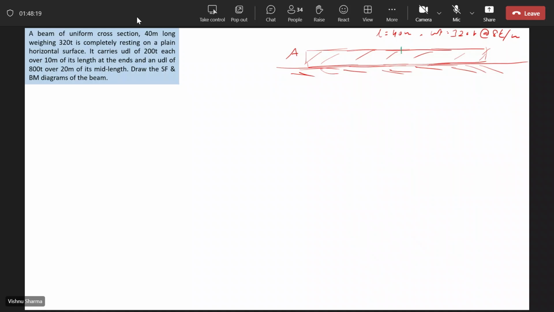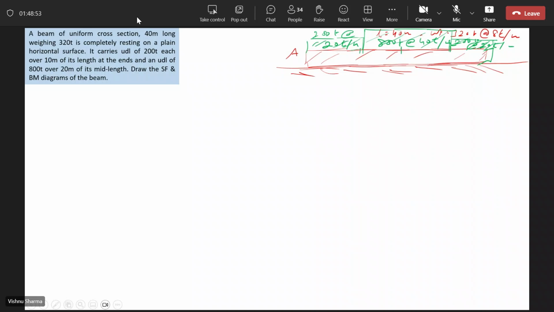If I divide into 4 parts, each section will be 10 meters. So there is a UDL of 200 tons here at the rate of 20 tons per meter, based on what we have learned earlier. This is 200 tons at the rate of 20 tons per meter. And then there is a UDL of 800 tons over this length at the rate of 40 tons per meter.